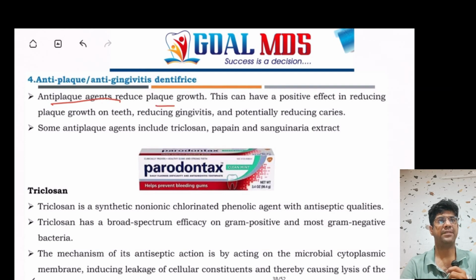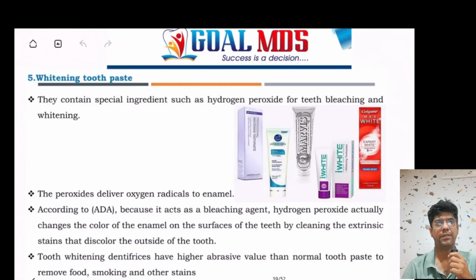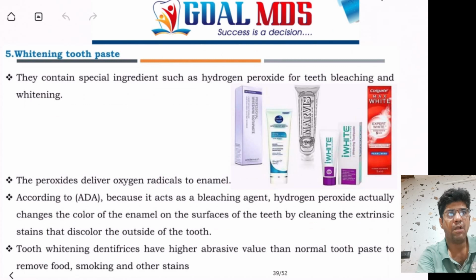Various toothpastes contain anti-plaque agents that will reduce the plaque growth, including triclosan, papain and sanguinarine extract. Various types of tooth whitening paste are available in the market containing hydrogen peroxide for teeth bleaching.